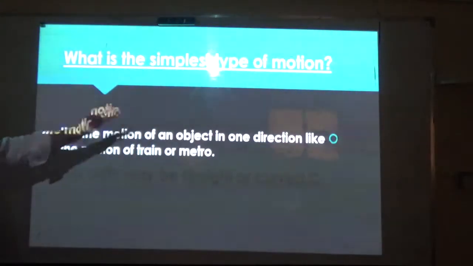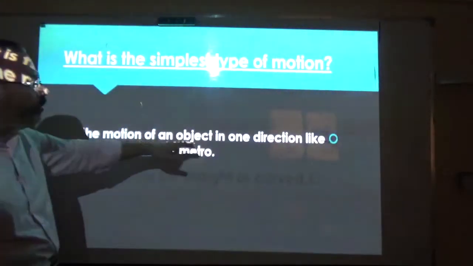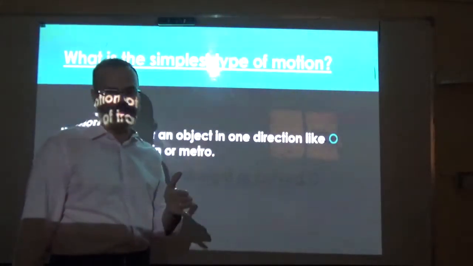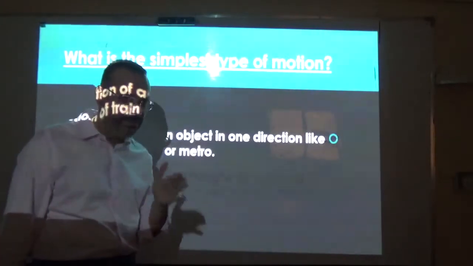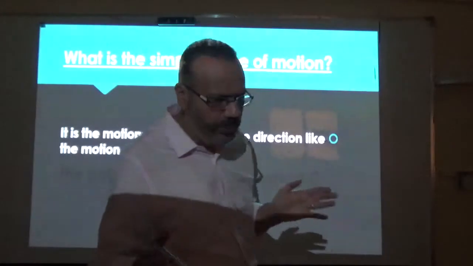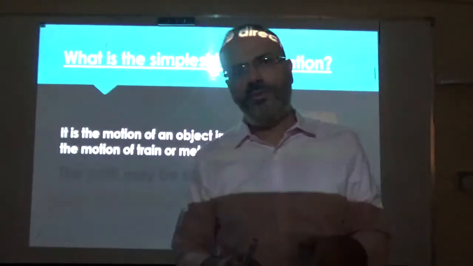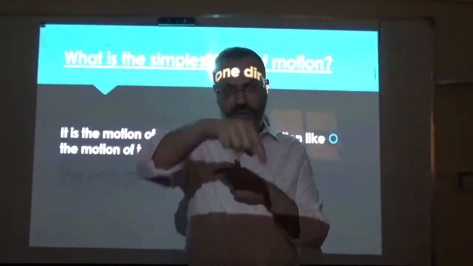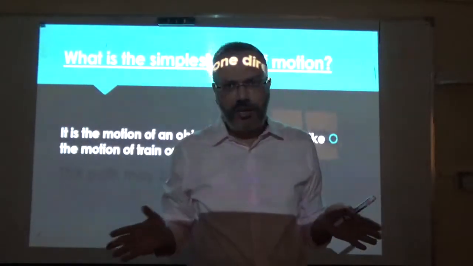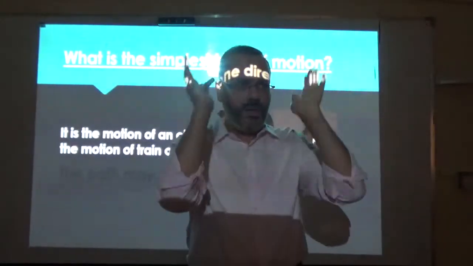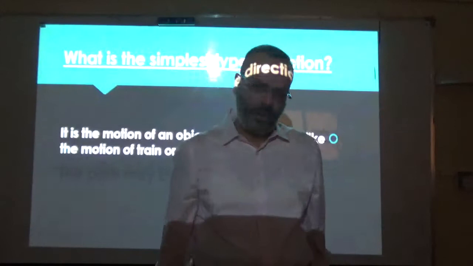The simplest type of motion is the motion of an object in one direction. We can also observe this type of motion in a train or metro. During the movement, a train or metro doesn't turn right or left, but moves during all the travel in one direction.